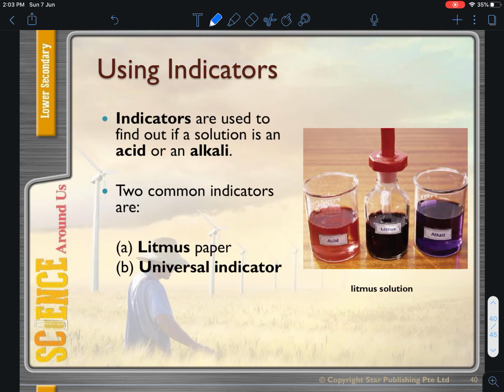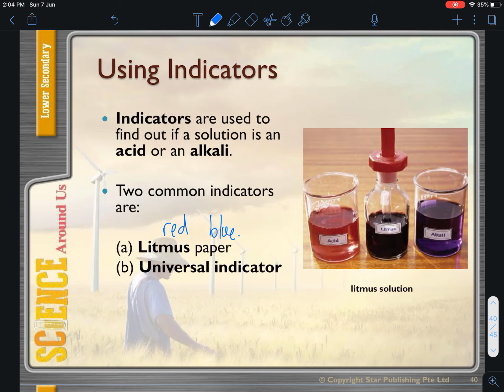The litmus paper is just a piece of paper. There are two main types, the red litmus paper and the blue litmus paper. When you put it onto the solution, it will either change color or remain the same.